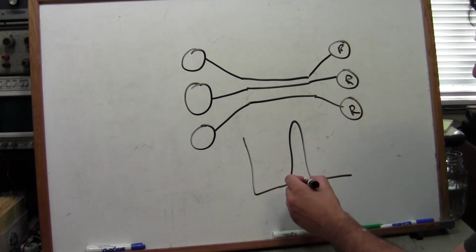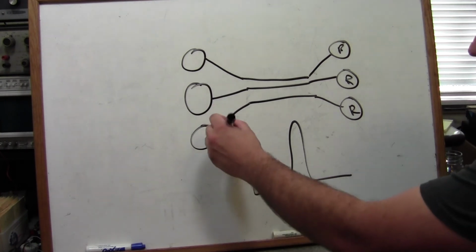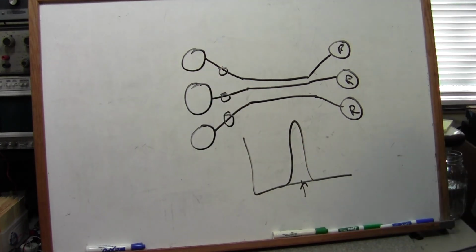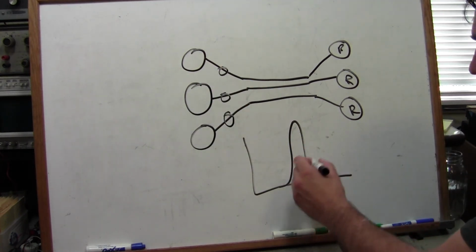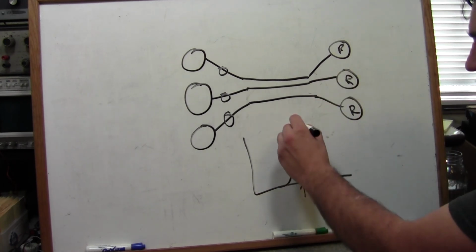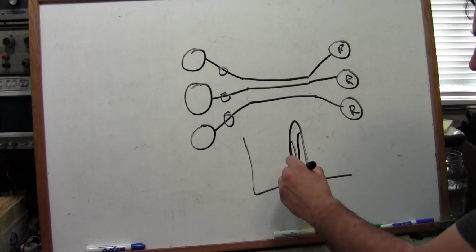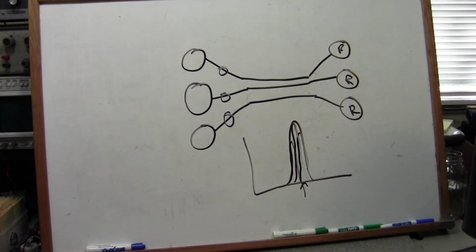But with CDMA, on this single frequency, each station encodes their signal in a different coding or chirp set that allows the receiving stations to take the single signal that is received and separate it into the 3 distinct stations in this example.